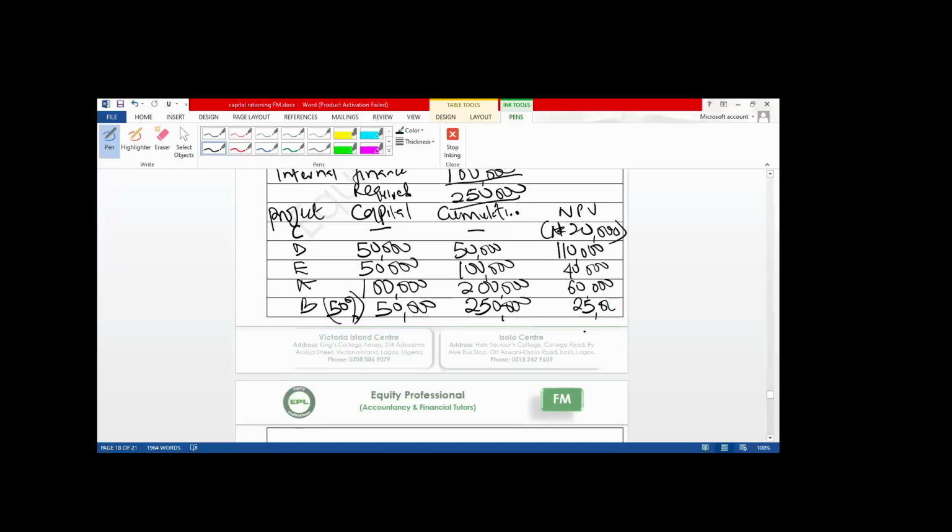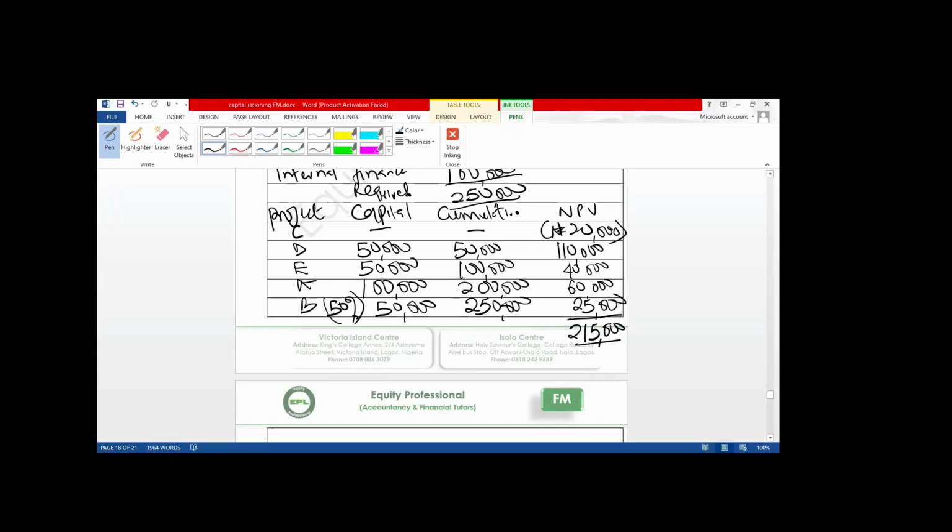Now, please sum up the total NPV. Negative 20 plus 110, and so on. You are going to get total NPV 215,000.